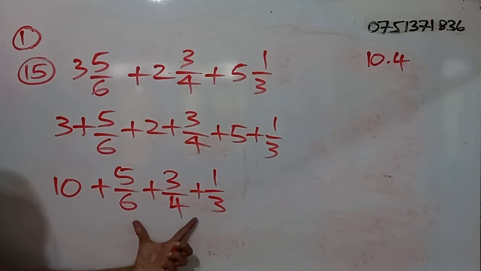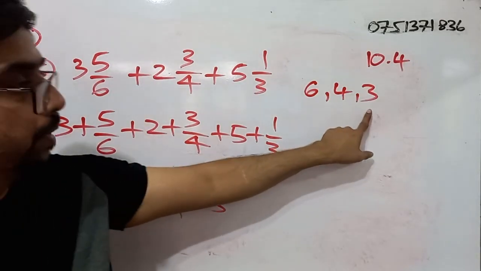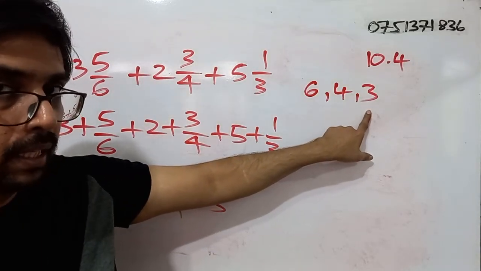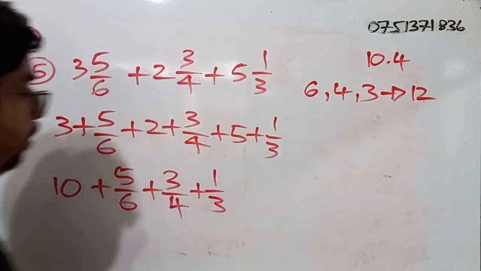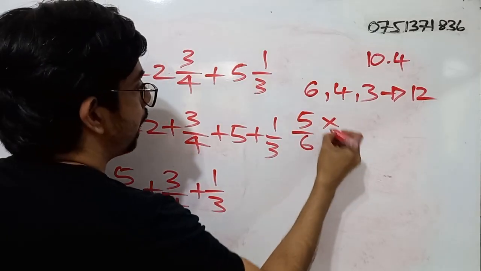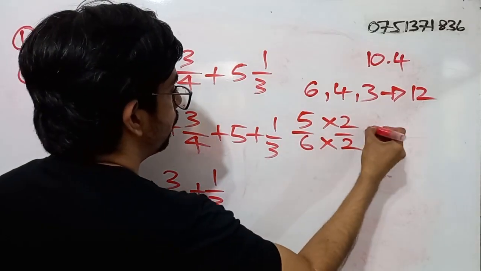Okay. So here we have three fractions. All three are unequal fractions. So these are the three denominators. So what will be the least common multiple? In this case, it will be 12. So 5 by 6, I'll multiply both denominator and numerator by 2.